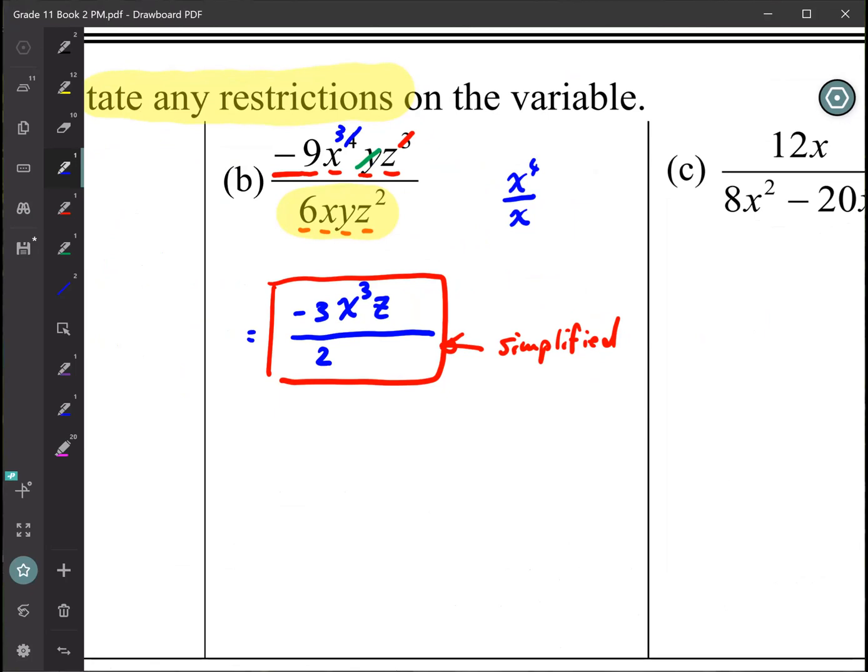There should be 3 restrictions for this because you ignore the 6. So there should be 3, okay? Please write down the restriction and raise your hand. If you understand last page, you should be done by now.